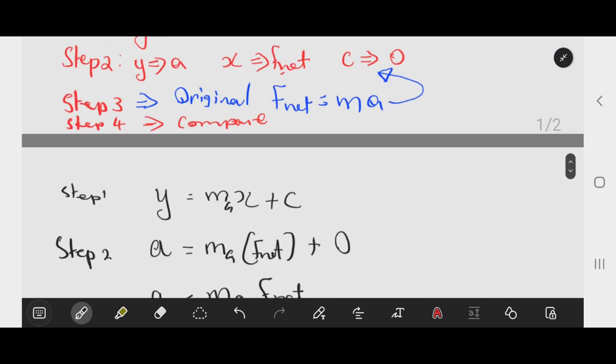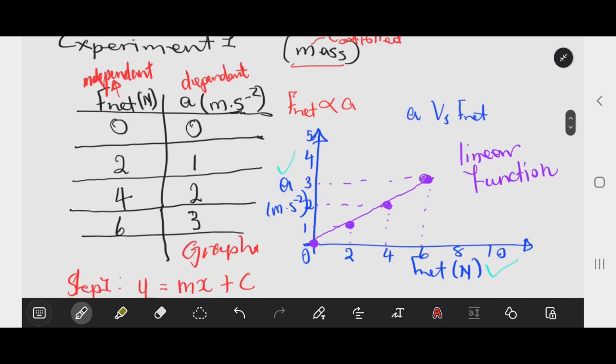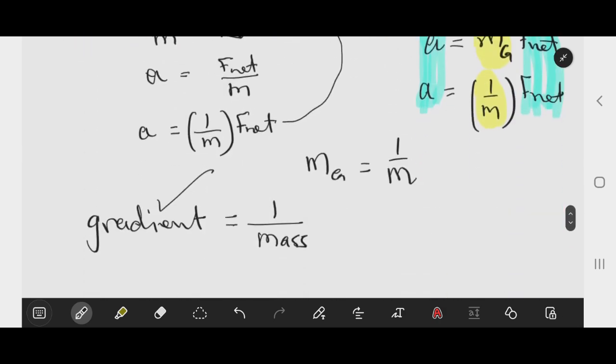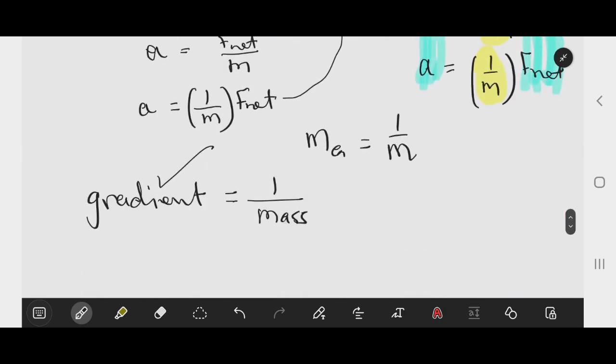For example, in this scenario whereby we have this table and this graph, we just have to calculate the gradient of this graph in order for us to calculate the mass, and that gradient would be equal to 1 over mass of that object, then we can calculate the mass of that object.